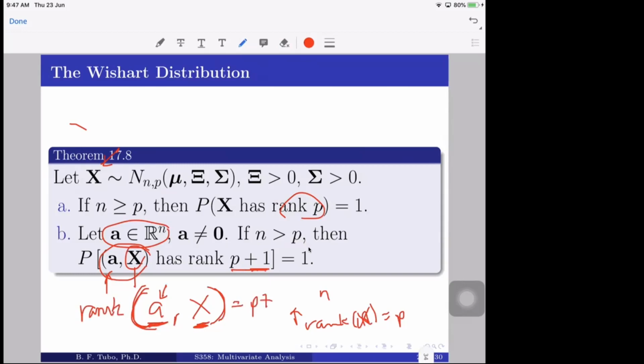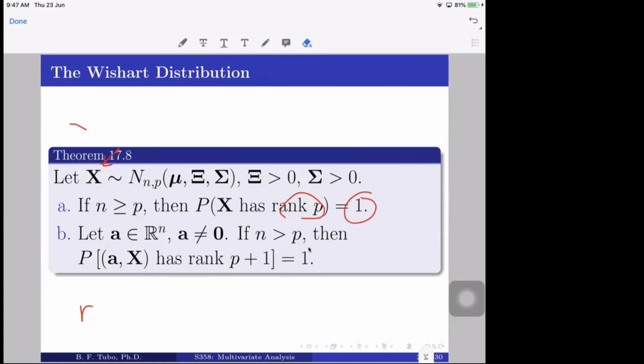The rank of X adjoint with A will be P plus 1. The probability of that is 1. So ibig sabihin, that is almost sure. Sure ka. Na basta mo satisfy lang ni ng mga conditions. This one, and this one, no?